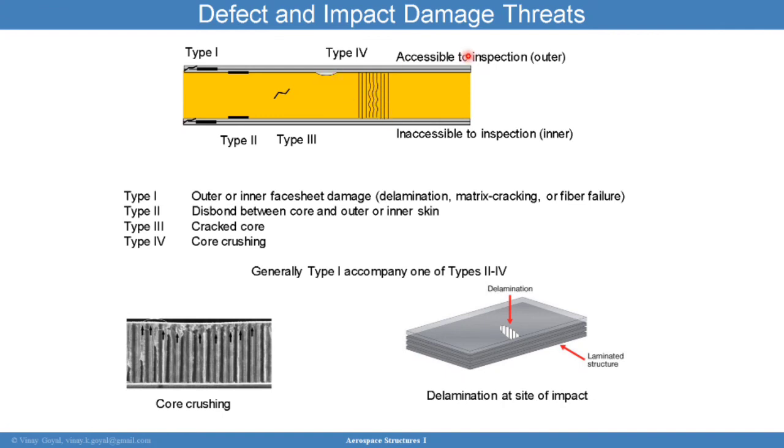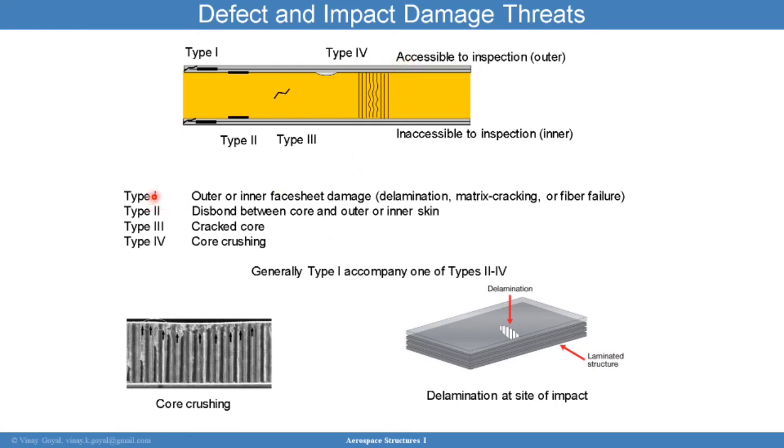Sometimes you can have access from the outside, so you can inspect from the outside, but you cannot access the inside. And so if there's any amount of impact damage that occurred here that you cannot see from the other side, that could be a problem. That hidden event could pose a significant amount of problems that are highly concerning.